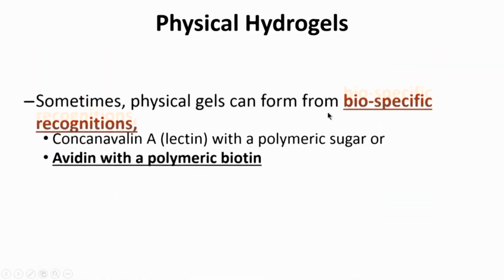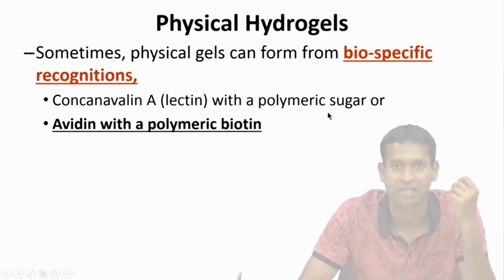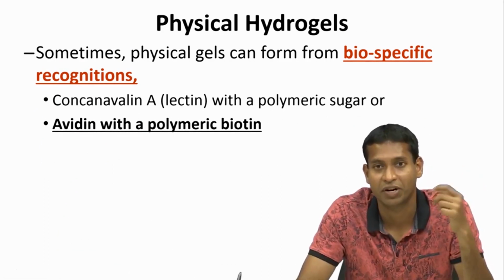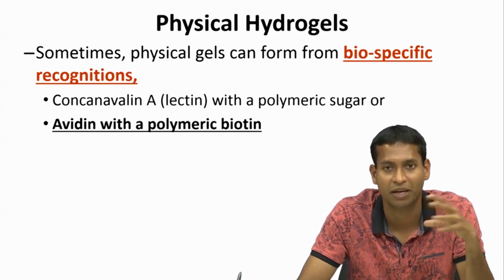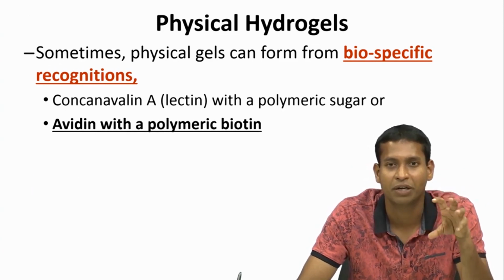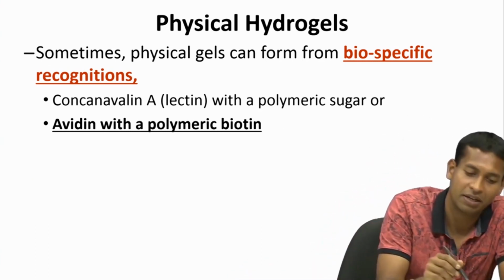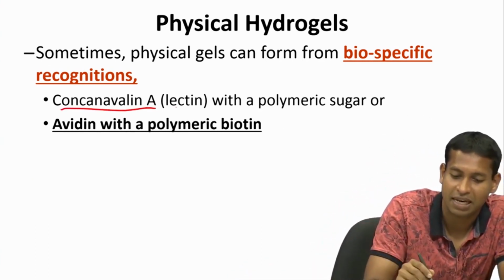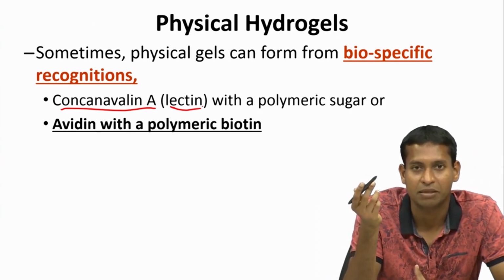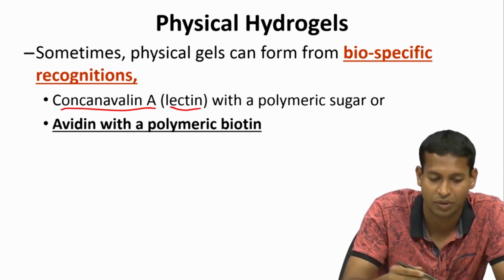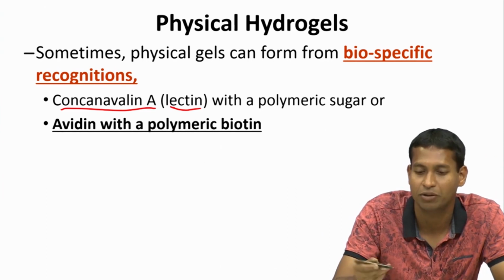So, something more on the physical hydrogels. Sometimes physical gels can form by biospecific recognition. It may not be a covalent bond and it may not be any of these interactions, but we know in biology there are lots and lots of specific interactions. So you have concanavalin A, which is a lectin. Lectins are essentially proteins binding to sugar, so this has a natural affinity to bind sugar.